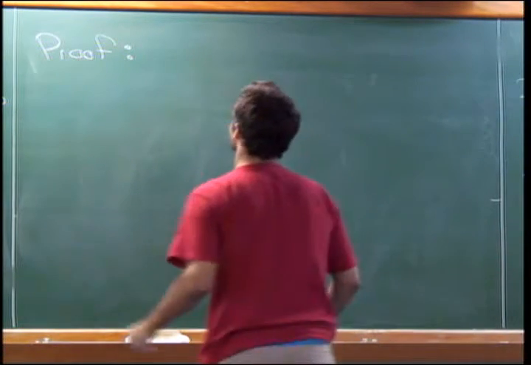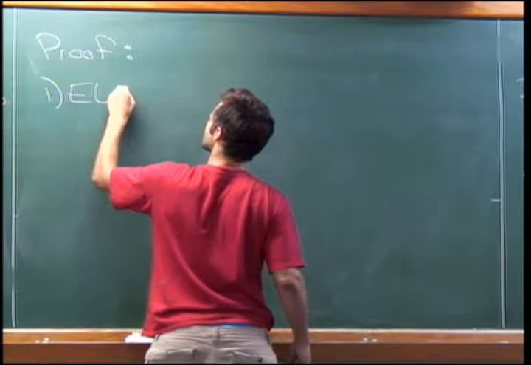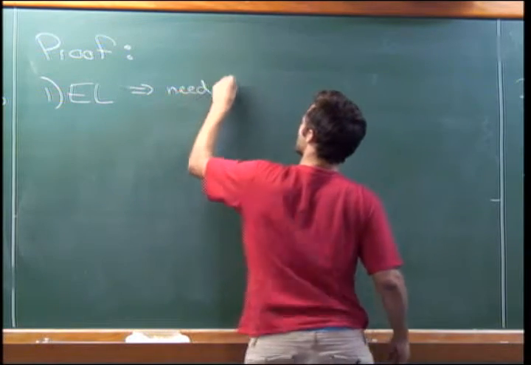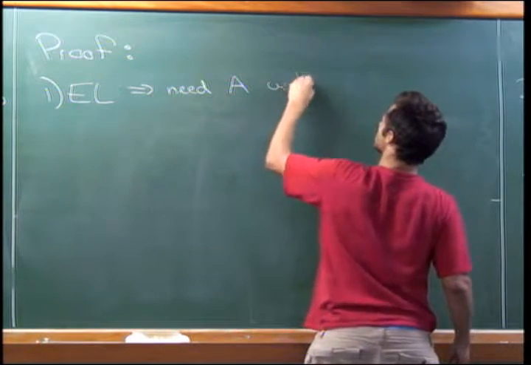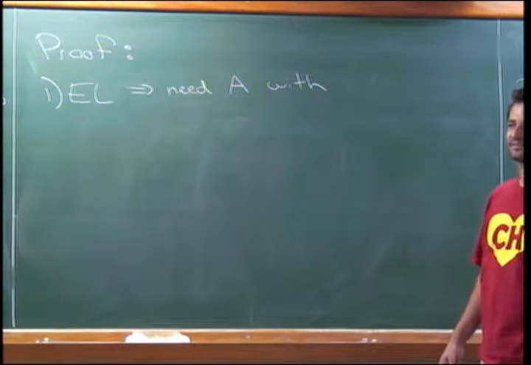So, number one, embedding lemma. Means you need a set A with what? What properties of A do you want?